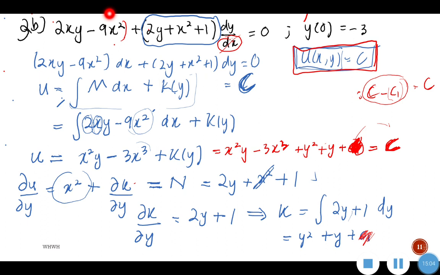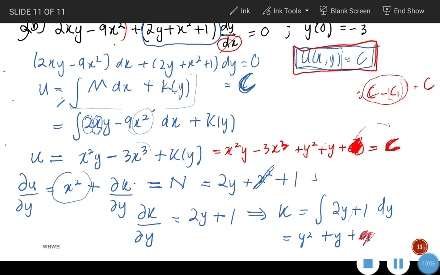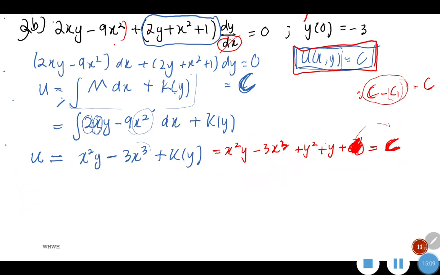Okay, now let's proceed to find the value of C ni. For value of C, we have an initial condition saying y(0) is equals to negative 3. So maknanya when x is equals to 0, y is equals to negative 3. Put in the value kat sini. X sama dengan 0 darab dengan y negative 3 pun tak ada makna lah sebabnya 0.